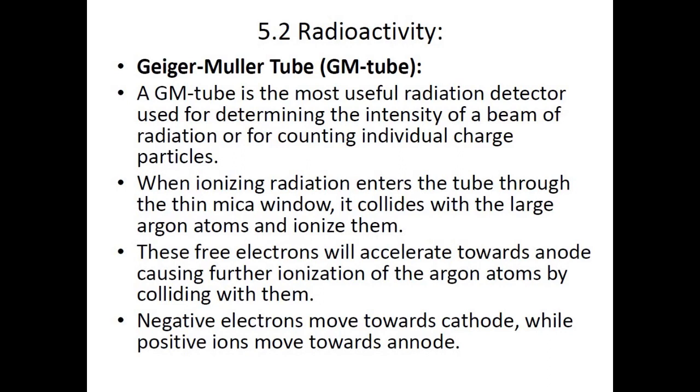When ionizing radiation enters the tube through the thin mica window, which is one of the parts of the GM tube, I'll show it to you on the next slide, it collides with the large argon atoms and ionizes them. These free electrons will accelerate toward the anode, causing further ionization of argon atoms during their course.